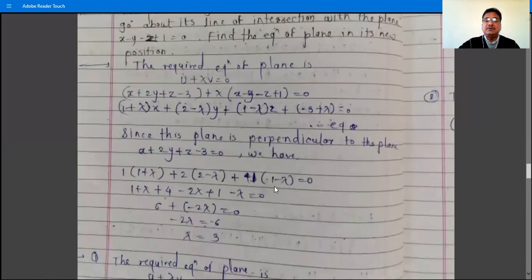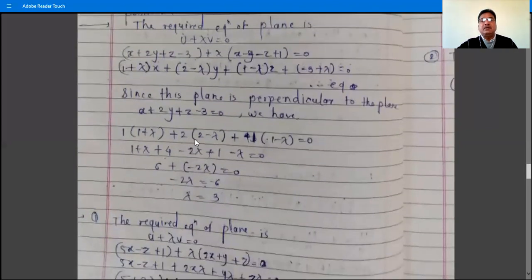That is, A1 A2 plus B1 B2 plus C1 C2 is equal to 0. Since the two planes are perpendicular, their normals are perpendicular, and the coefficients of x, y, z are the direction ratios of the normals to the plane. So we use the condition of perpendicularity of two planes and simplify this.